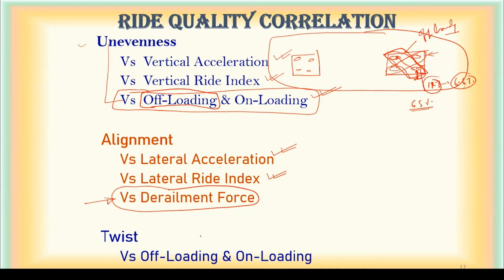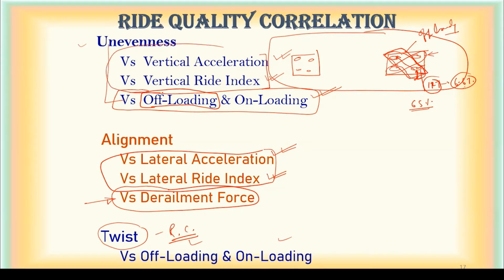Twist only results in offloading and onloading. This does not have a direct impact on riding comfort, whereas we see here unevenness and alignment affect riding comfort also. These are two parameters which are related to riding comfort, and these are two parameters which are related to safe running.